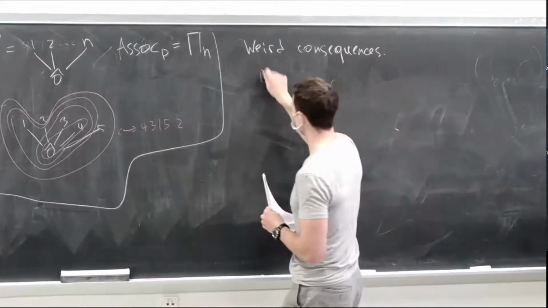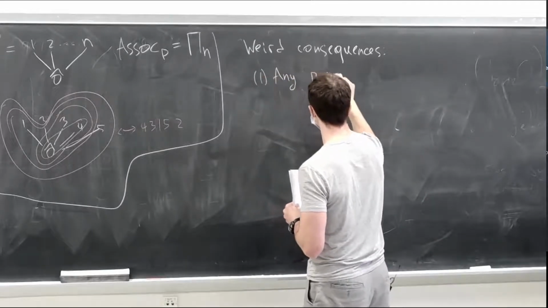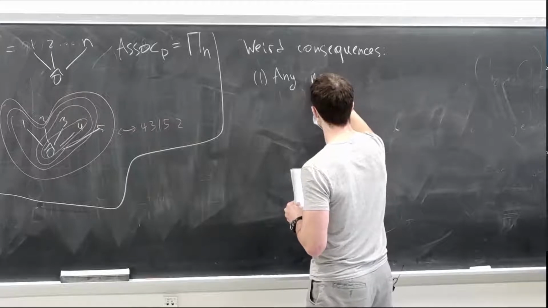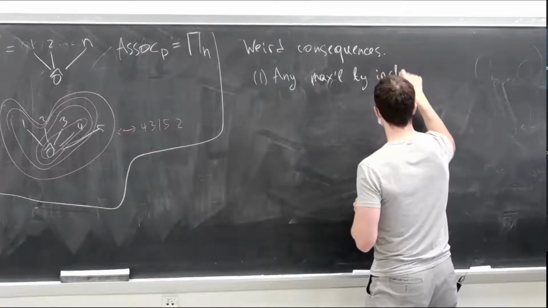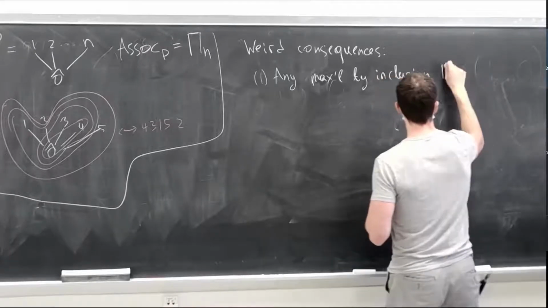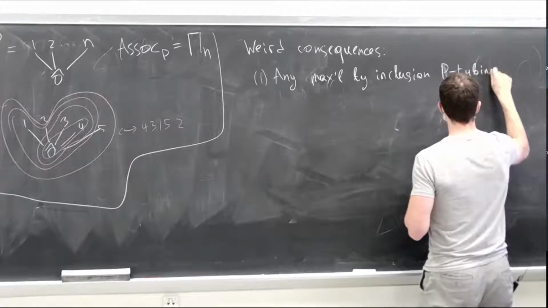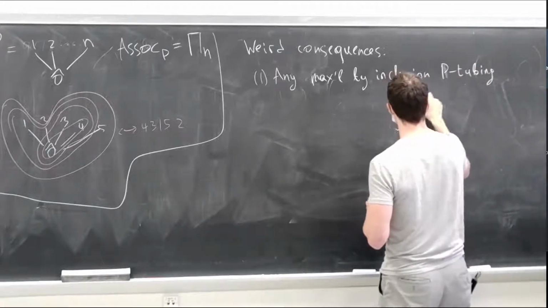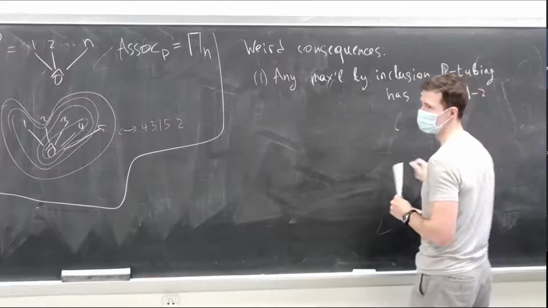First weird consequence is that any maximal P-tubing has size P minus 2.